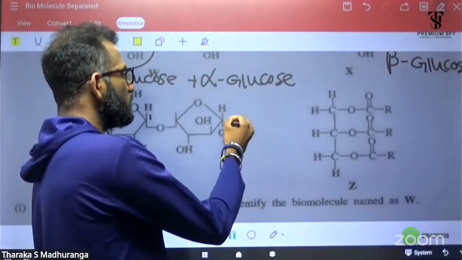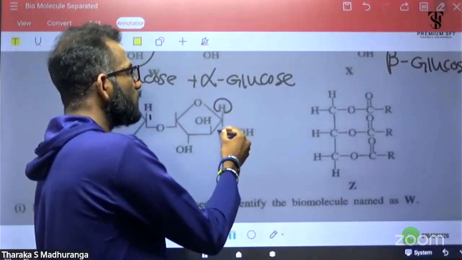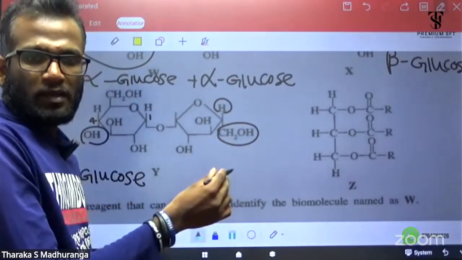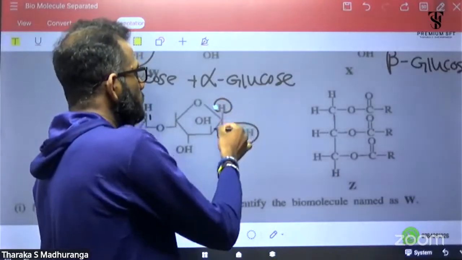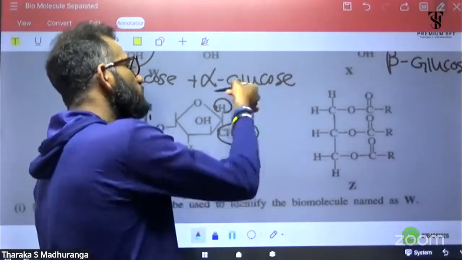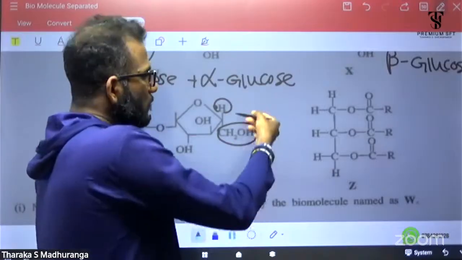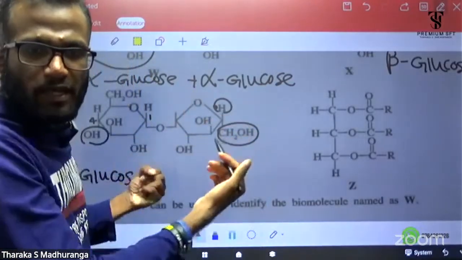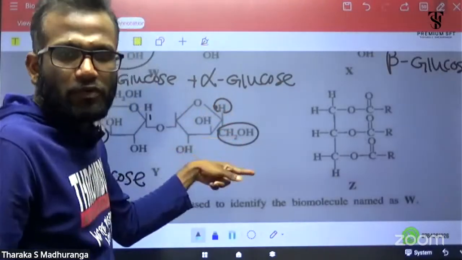If it is OH upward and CH2OH downward, it is beta. Actually, it is OH, it was a mistake. If it changes and the OH comes downward, it is alpha, the same as in alpha glucose.